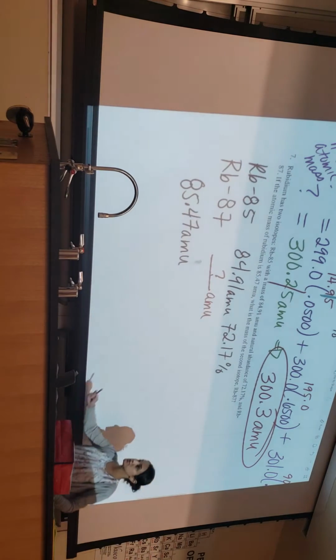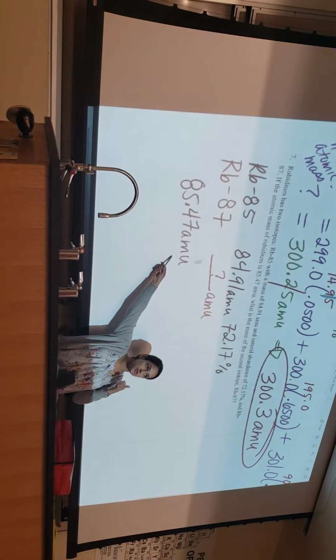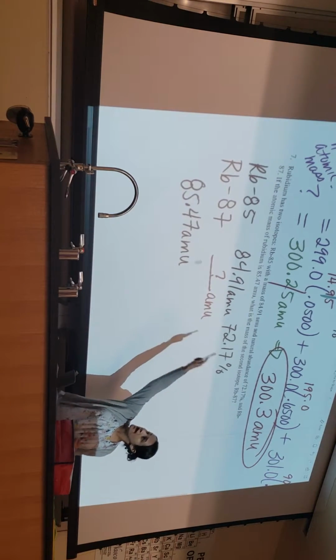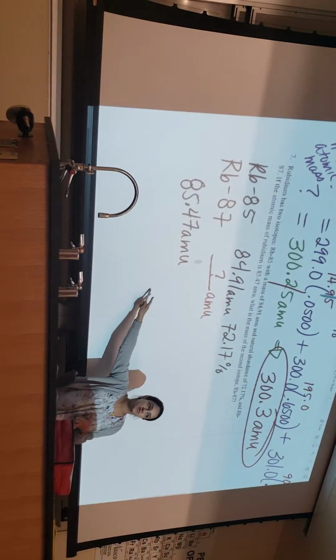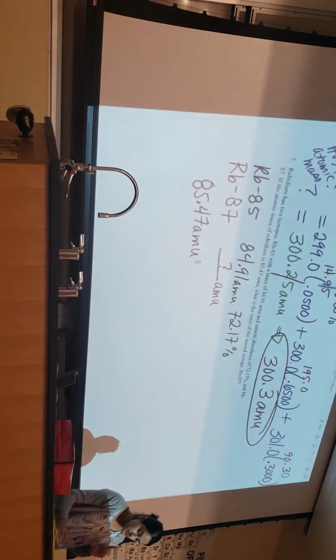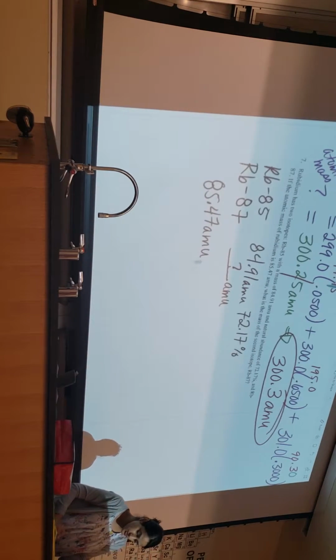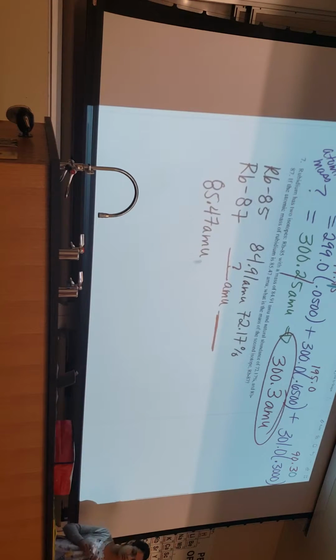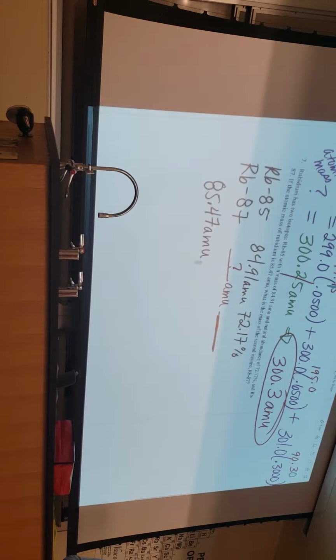Now in this situation, this is your average atomic mass. So in the previous problem, you had to solve for that. Here I give you that. But I don't give you the mass of one of the isotopes. So you're going to solve for that. Now, another thing that I don't give you is the percentage. Can you figure out the percentage?